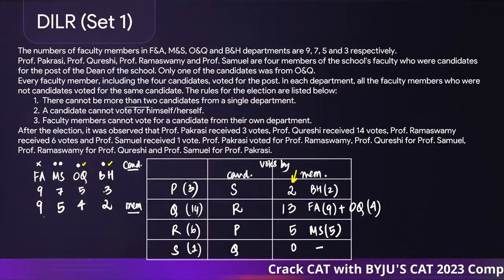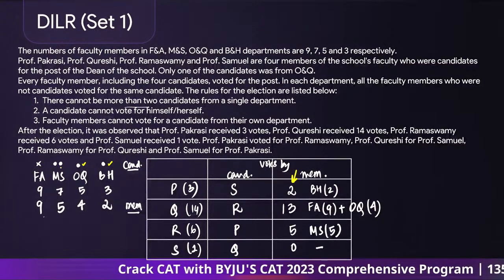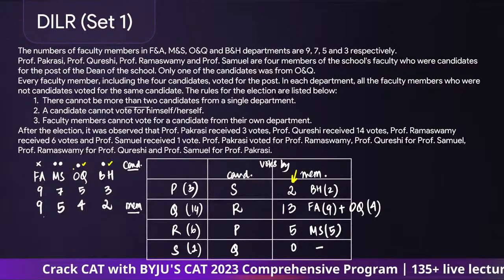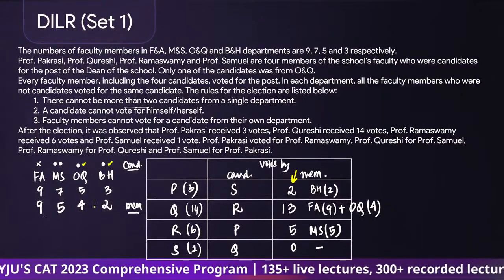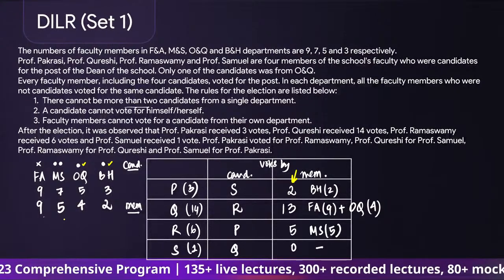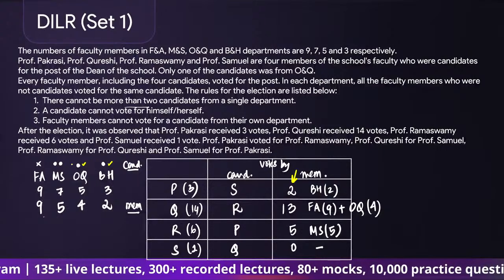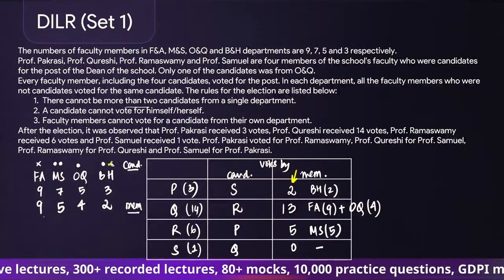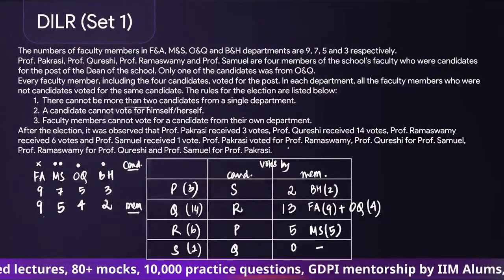Now the remaining 2 candidates, either they can be distributed as 2, 0, 1, 1 or 0, 2. In either case, we won't be able to fill 5 candidates. अब ये 5 तो केवल 7 से बन सकता है ना, 7 से 5 बन सकता है. That means 2 candidates are there from MS department. So this was the critical part of the understanding of the question.